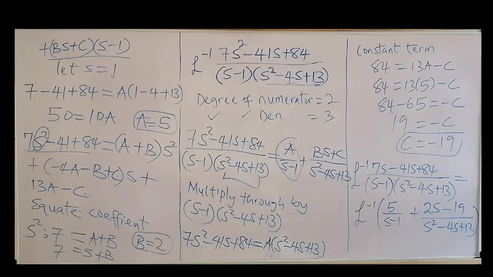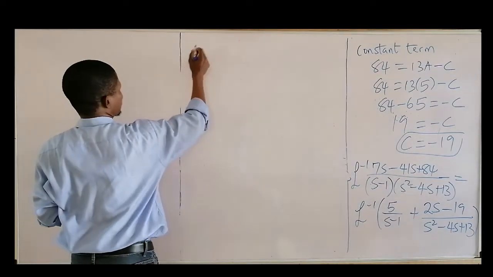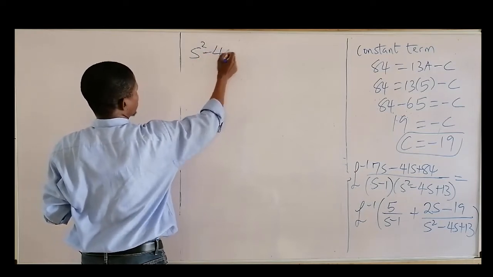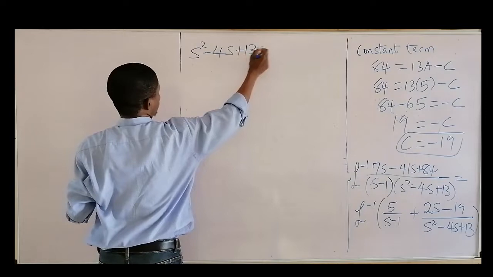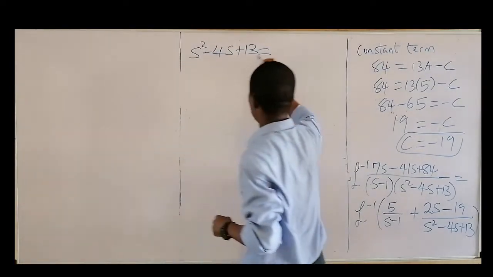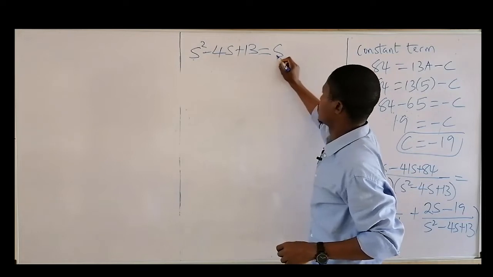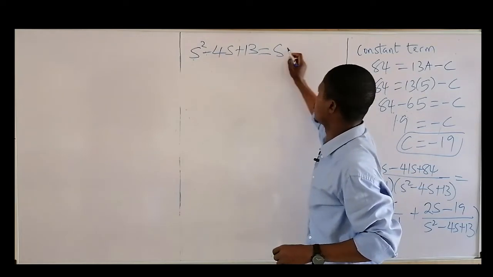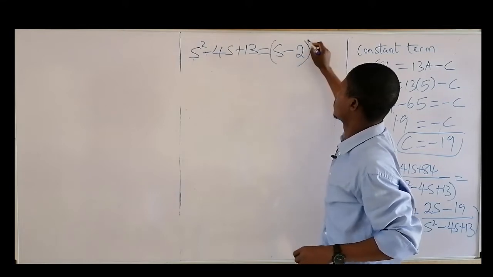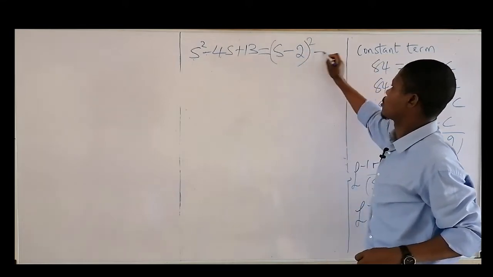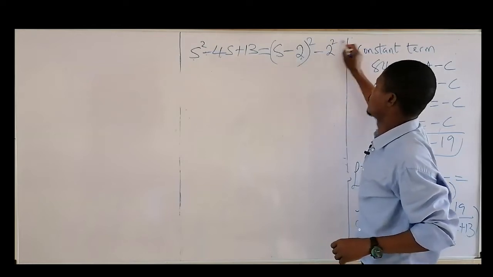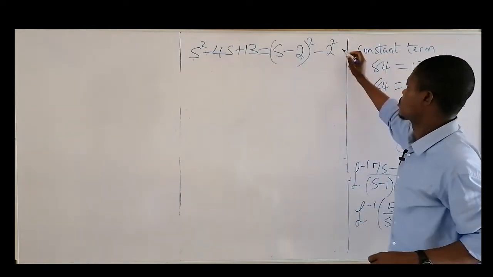This quadratic expression, x squared minus 4x plus 13, we can turn into a perfect square: take the x, then the sign you have here, minus half of 4 which is 2, then close it and square, then minus what you have added here, that's this 2, take it out and square that, plus what?